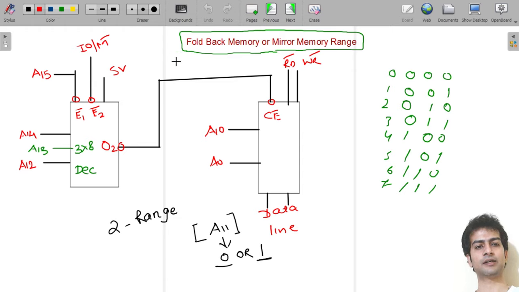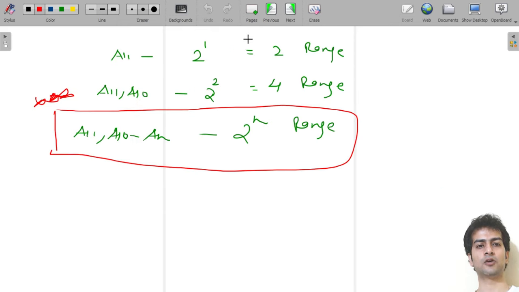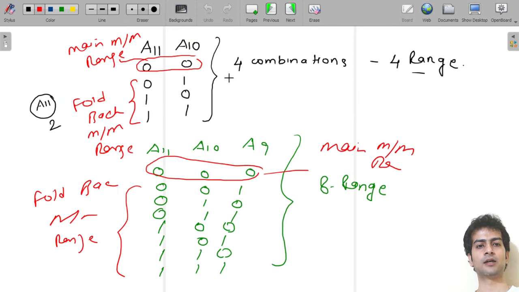If you get such an arrangement where some address lines are missing, then you should know that it's the concept of foldback memory or mirror memory range. Then you have to proceed in this way. You have to find the number of combinations possible with the missing address lines, and then you will find that number of ranges.